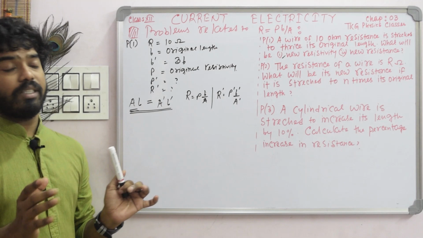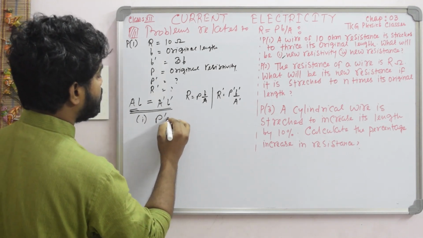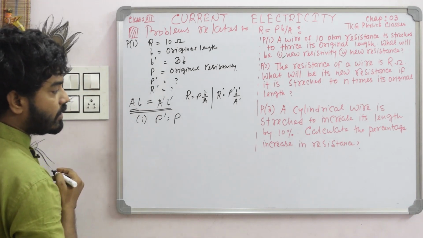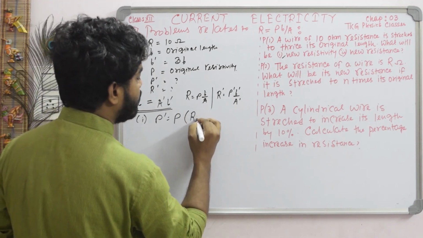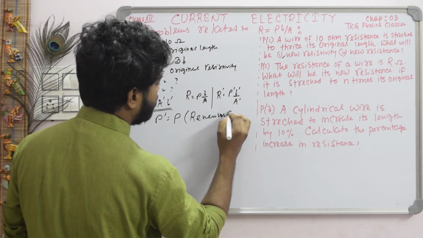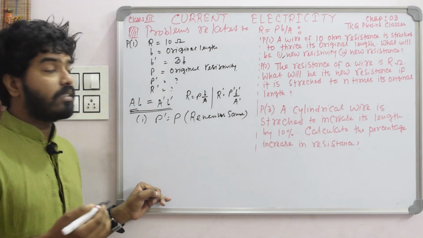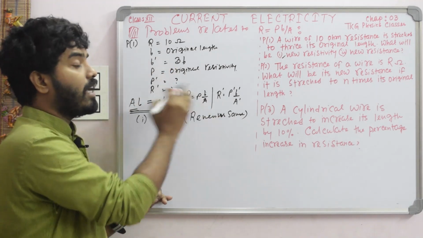Resistivity doesn't change. So the first answer: resistivity rho dash must be rho. Resistivity remains the same. Why? Because the material is the same. Resistivity doesn't depend on length and area.